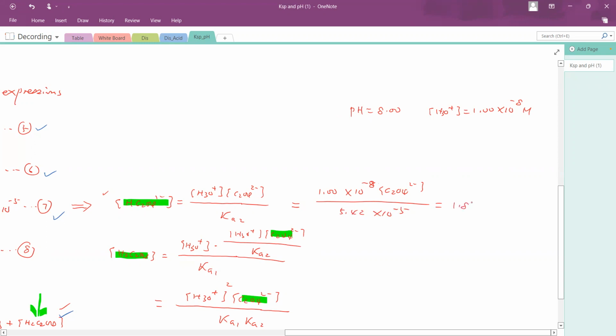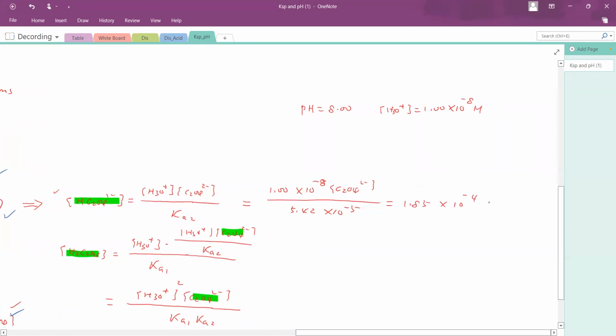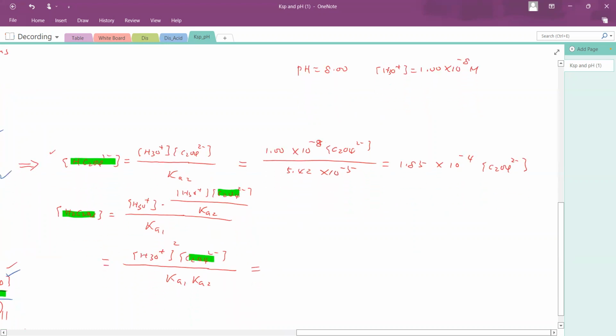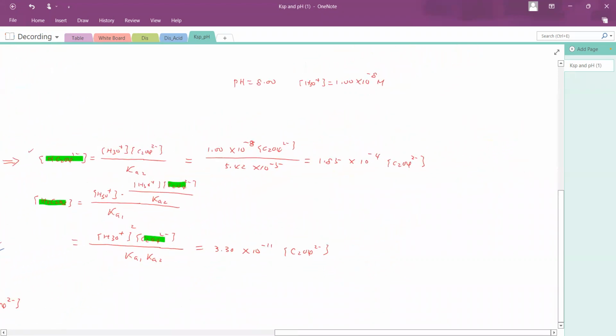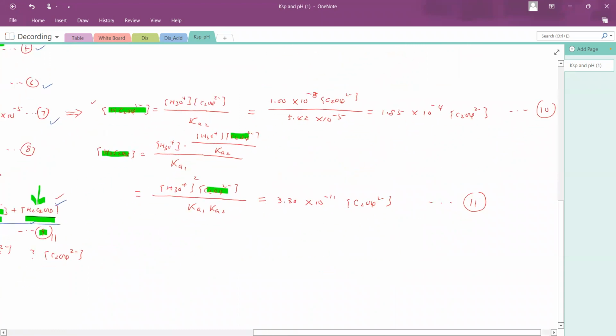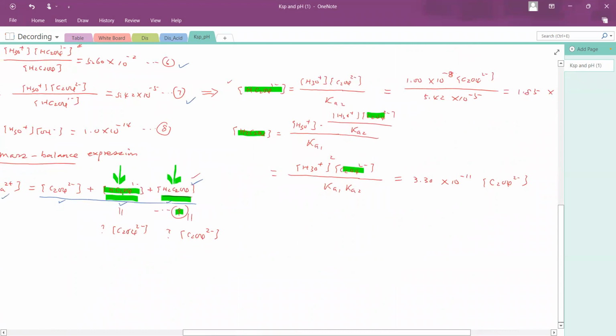It's 1.585 times 10 to the minus 4. Now, the same way we calculate this one, okay? We calculate it's 3.30 times 10 to the minus 11. You are going to do the math by yourself. Right, so here it's 10 and here it is 11. So 10 and 11 go to the 9.